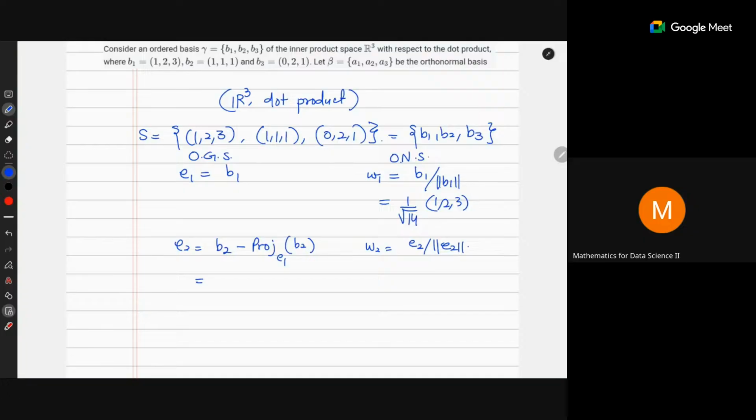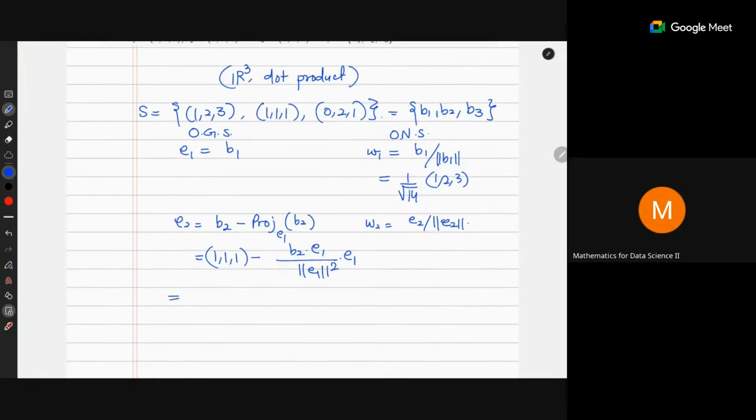So B2 is 1, 1, 1, minus the projection. The projection is the dot product B2 dot E1 divided by the norm of E1 squared, times E1.